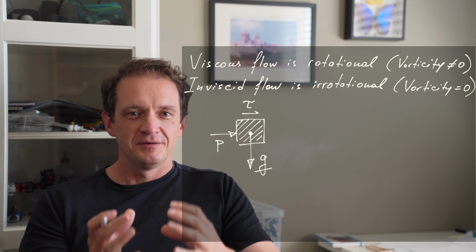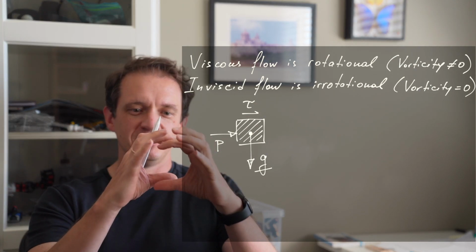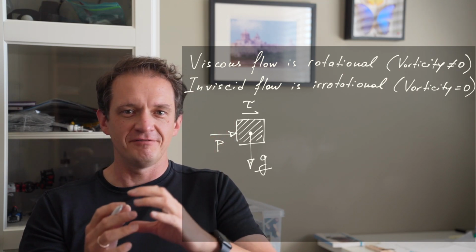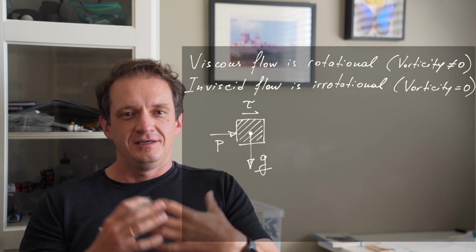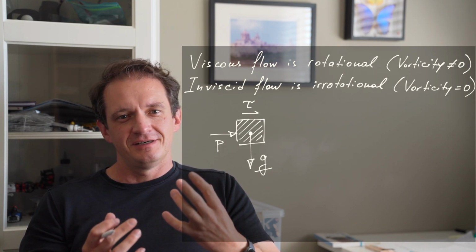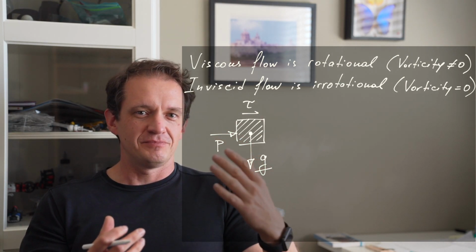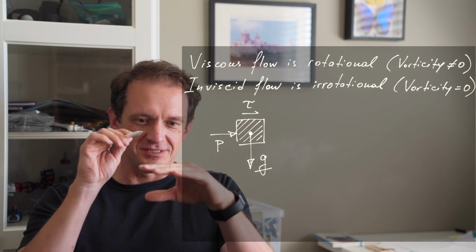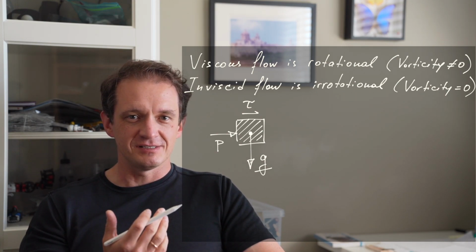Those forces can be broadly classified as body forces that act on the entire fluid element, such as gravity, and surface forces that act on the surface. In turn, the surface forces are classified into the normal forces, which is pressure, and tangent forces that act along the surface, and these are the shear stresses.